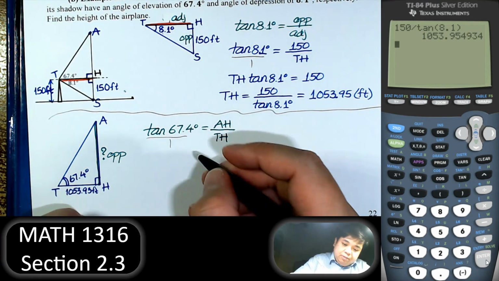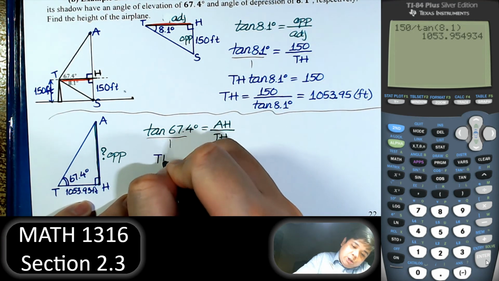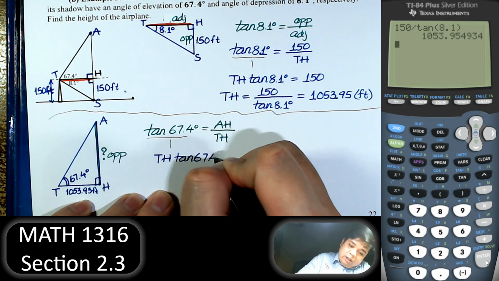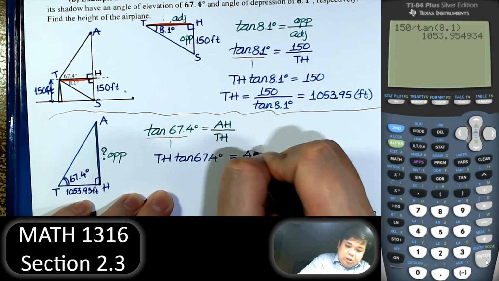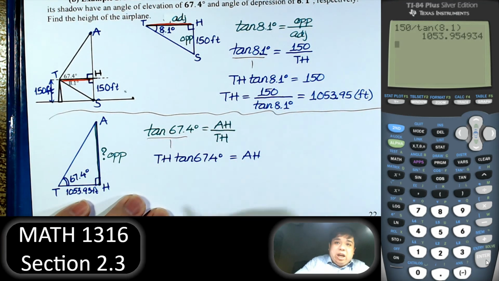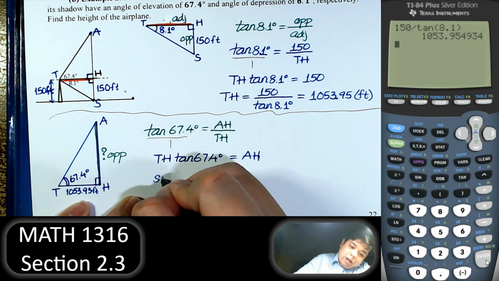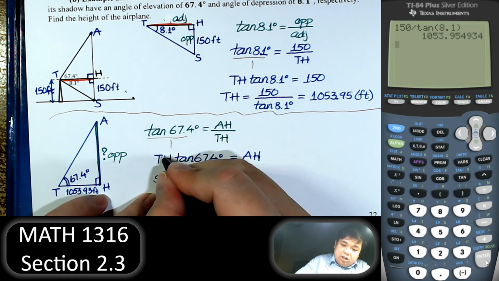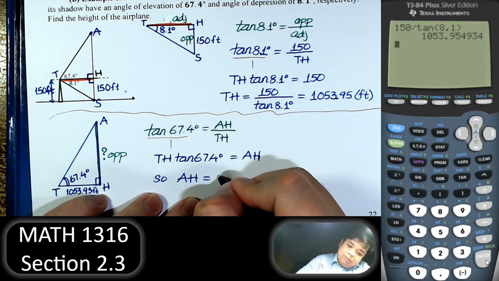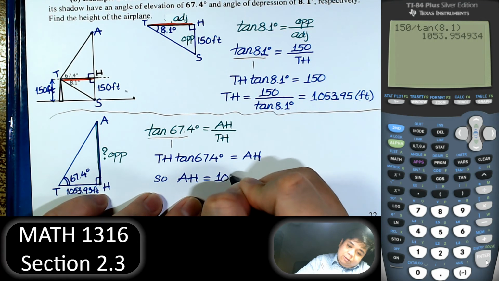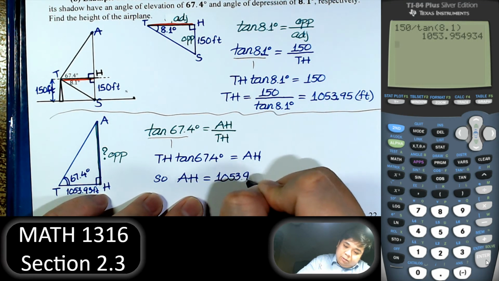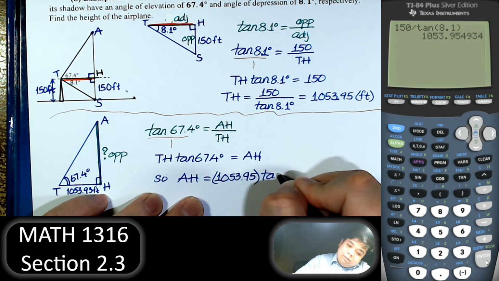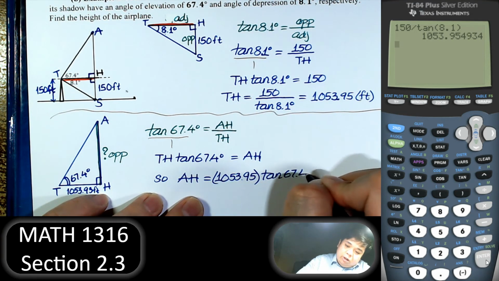Cross multiply: TH tangent of 67.4 degrees equals AH. We're looking for AH. So AH equals TH, which is this, times tangent of 67.4 degrees.